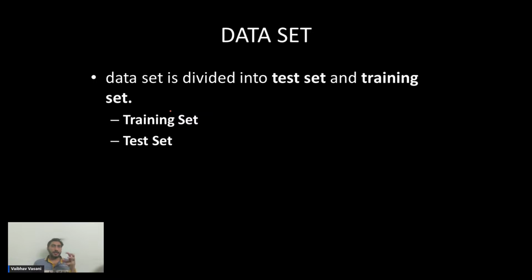In training, we train the model, and in testing, we test our model, and this helps us to calculate the accuracy, precision, and how much error is there. And validation is a mixture.